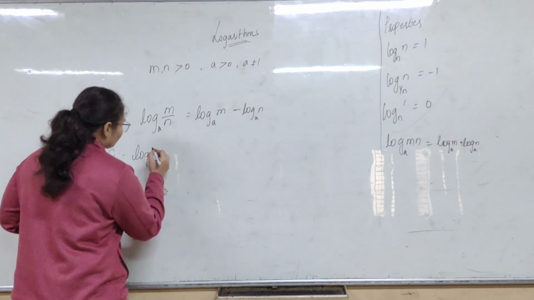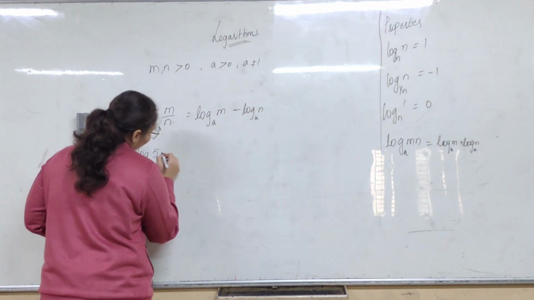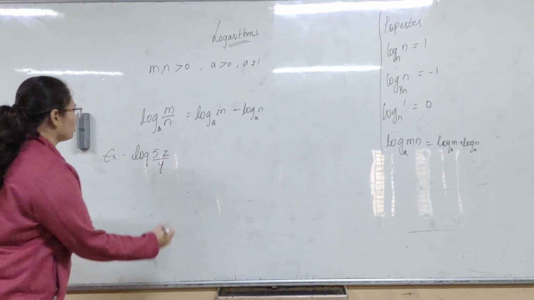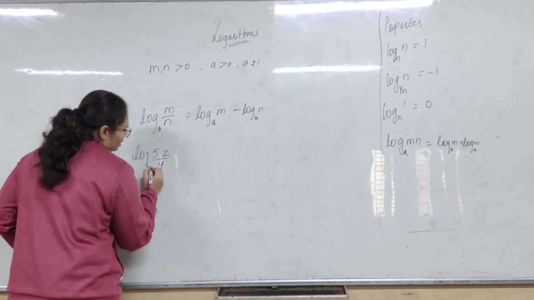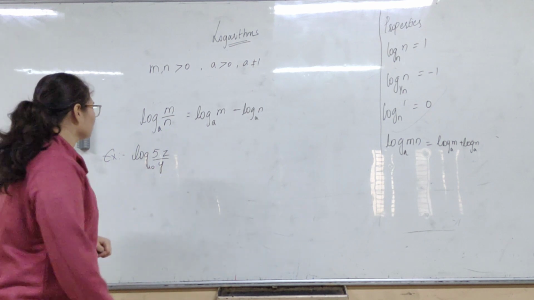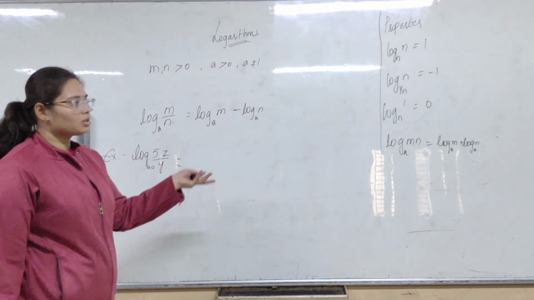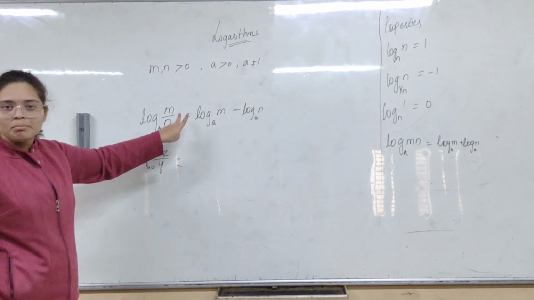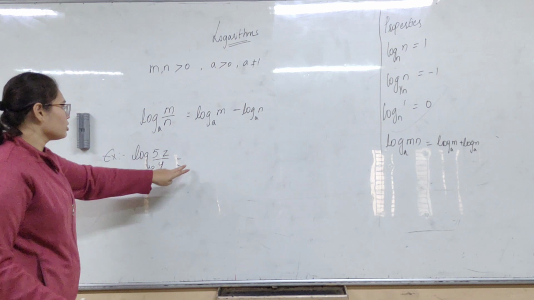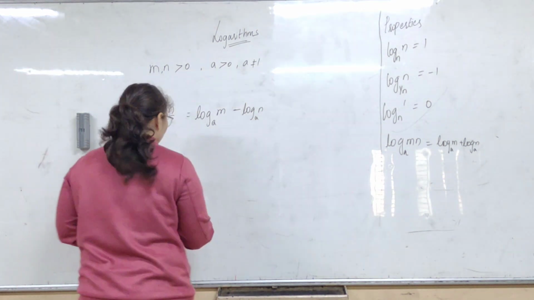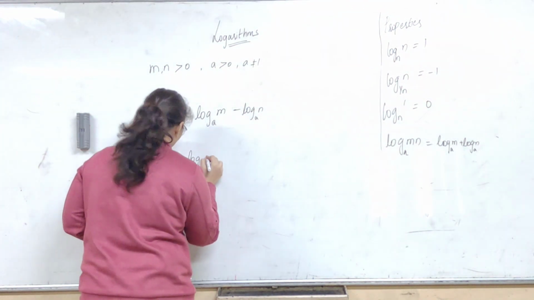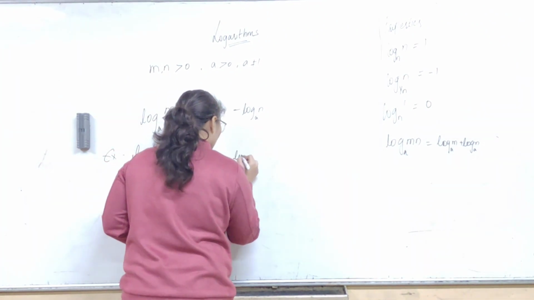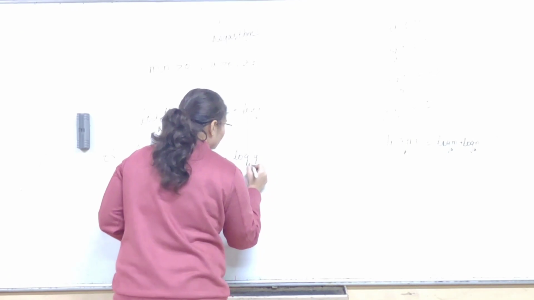I have log 5z by y to the base 20. Let's take base 20. So how can we split it through these both properties? First, m by n gives m minus n. So log 5z to the base 20 minus log y to the base 20.